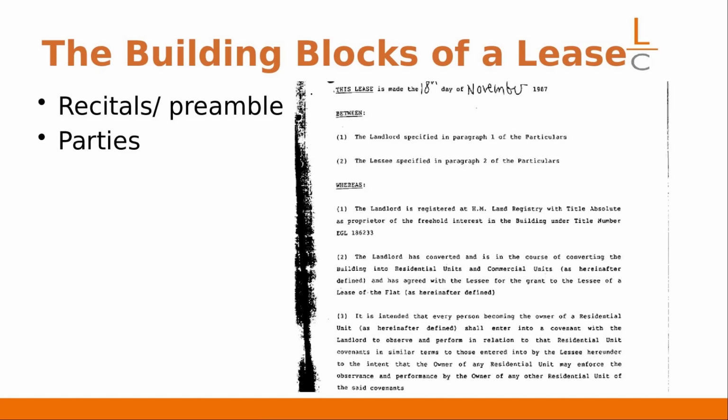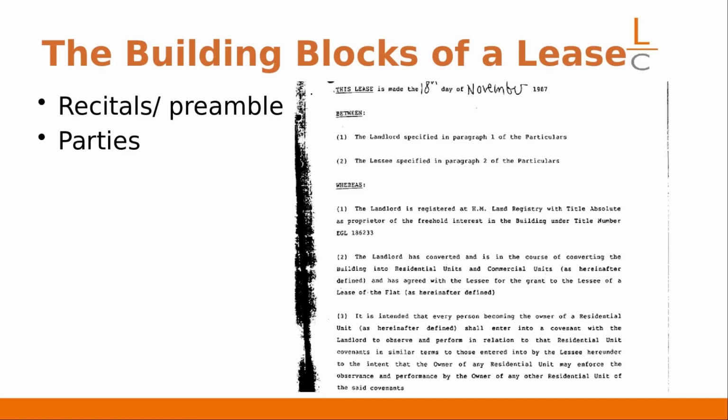So often you will find, and certainly you will find in old leases, recitals or preambles. So the section that you can see on the slide here where it says, whereas the landlord is and the landlord has, those are not parts of the substantive lease itself. They are recitals to set the scene, essentially.